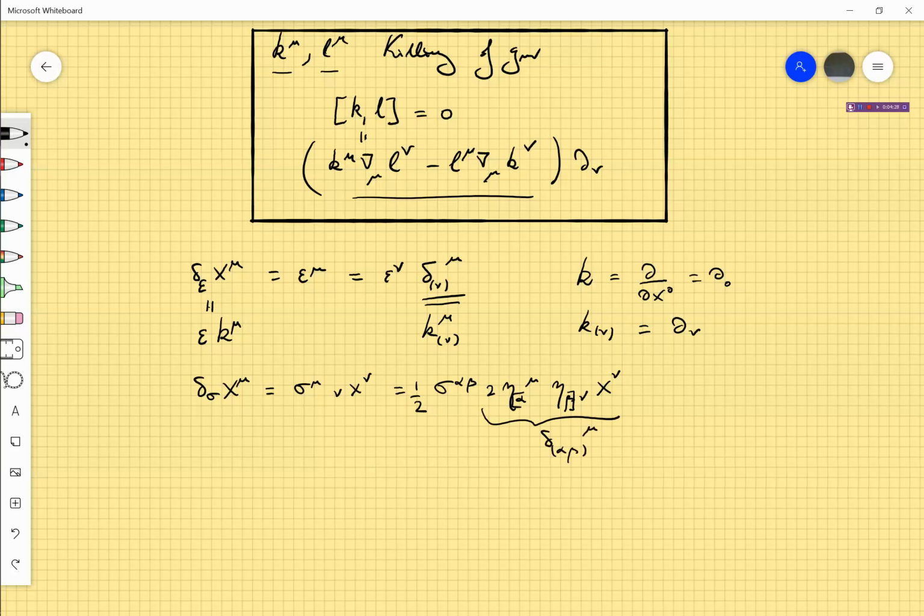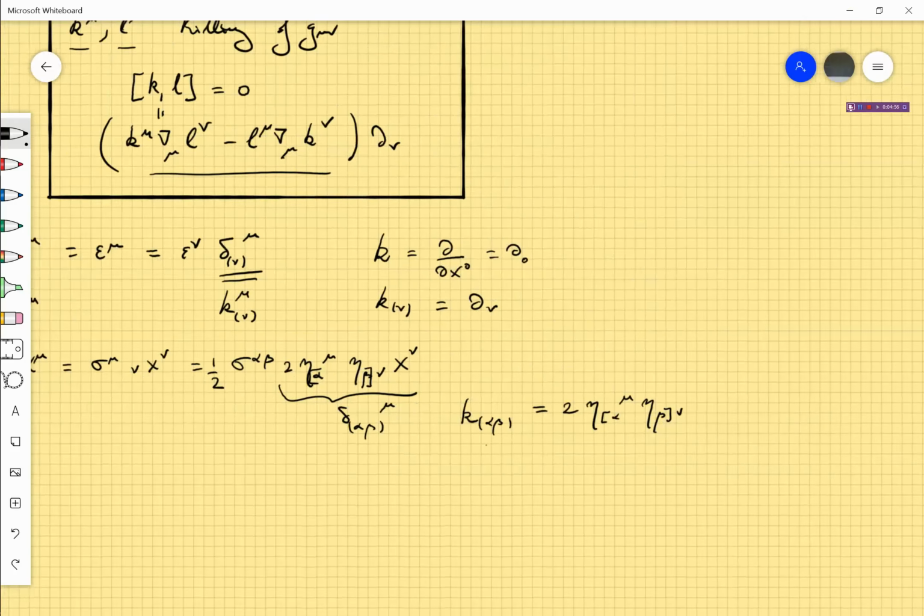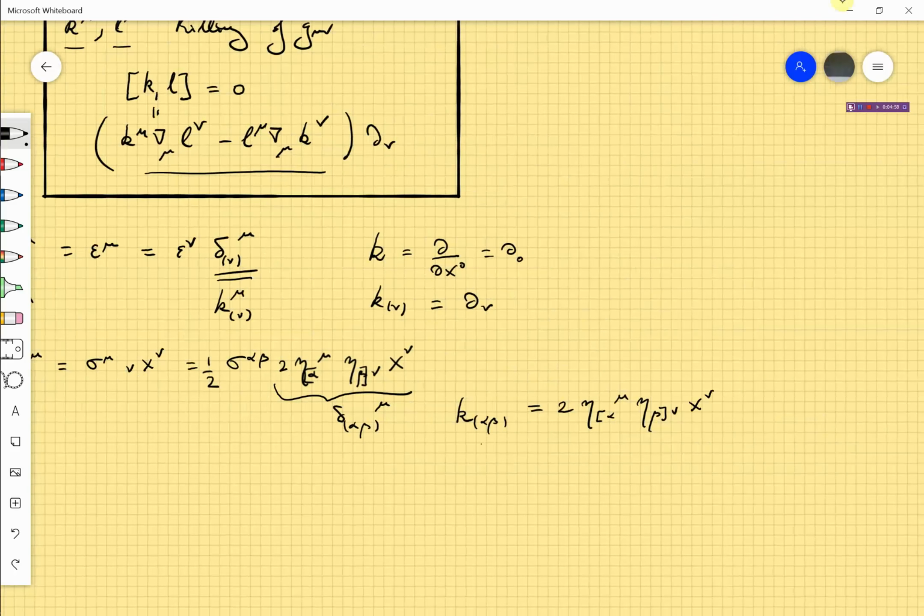And now you can see that these are just a set of Killing vectors labeled by alpha and beta anti-symmetrized, and each of them is given by 2 eta alpha mu, beta nu, x nu partial mu.